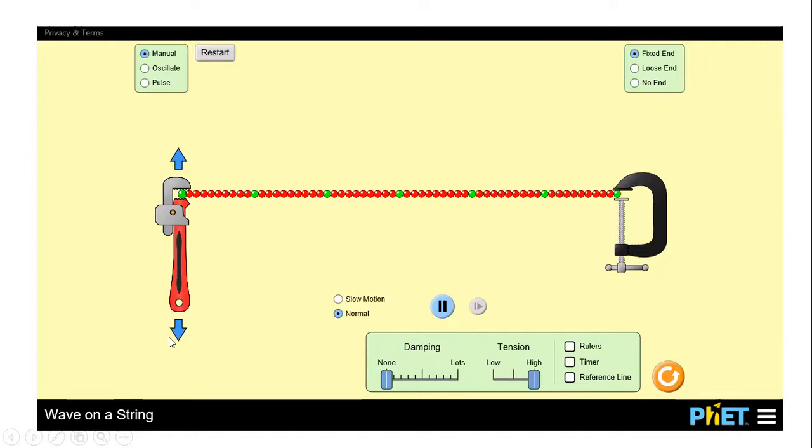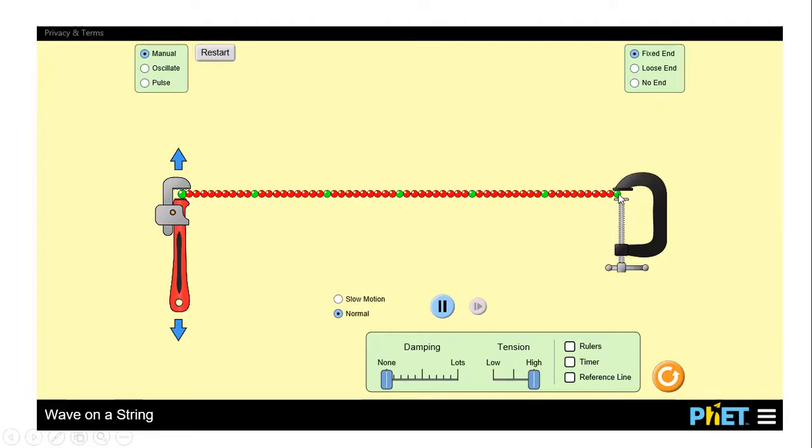You can see these arrows, right? I just adjusted it to no damping at all, and fixed end. If I make some movement over here, you will be able to create a wave pulse or disturbance which will move through this string and reach this point.